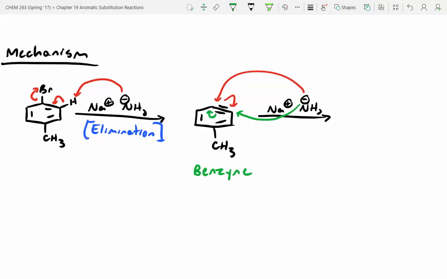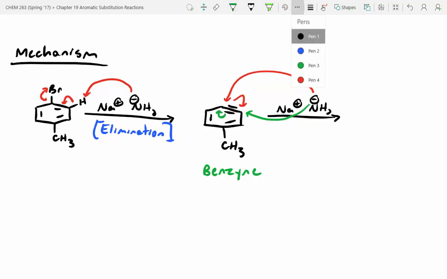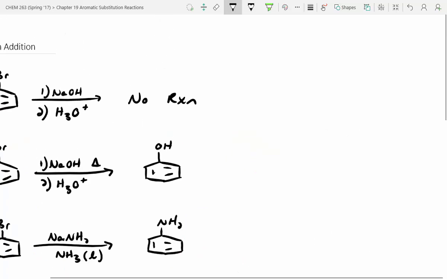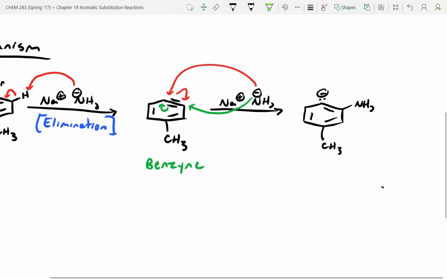So you run into this problem where you create 2 different products. The first one is with that red arrow. Let me scoot this over a little. And then the second one we'll do with the green arrow.